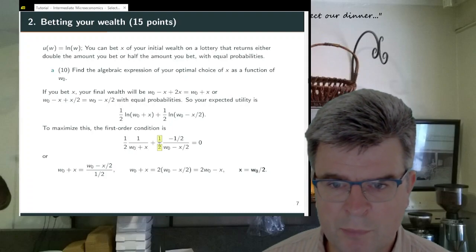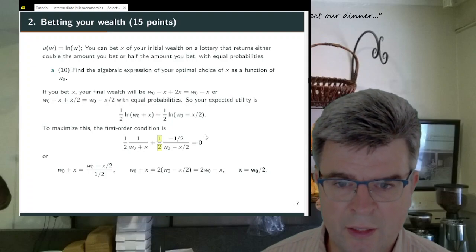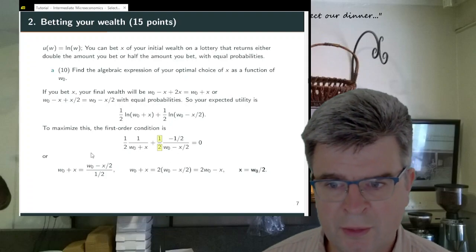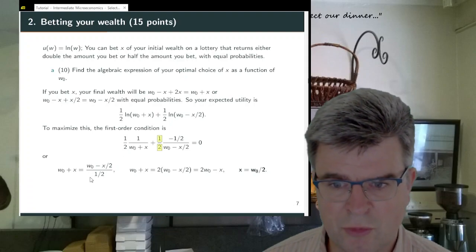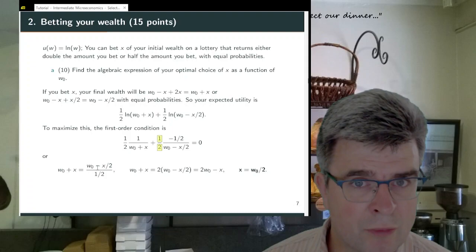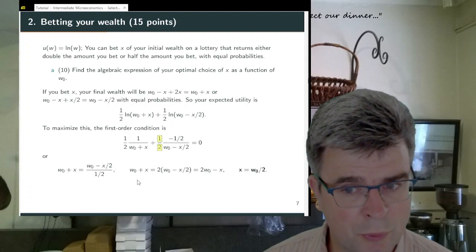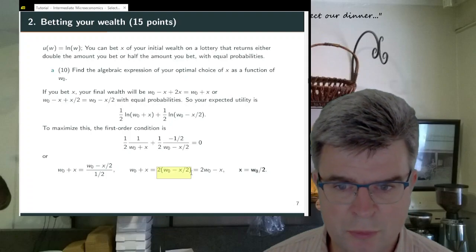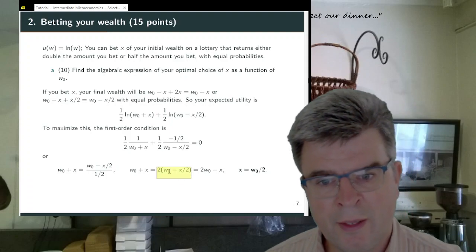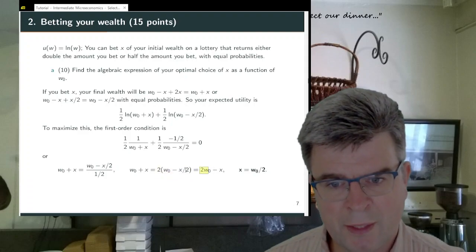Then we can bring this to the right hand side and swap around the denominators in order to arrive at this expression over here. Well, dividing by 1/2 is identical to multiplying with the inverse, so multiplying by 2. So that is what gives us the expression over here. And this simplifies to 2 times W minus X.